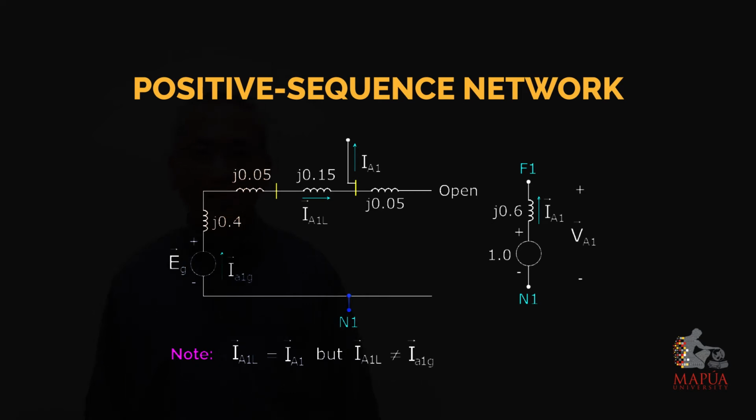You have the generator value 1 per unit. J0.6 is the sum of all the impedances in that positive sequence network. And you have the voltage Va1 measured between the neutral point and the faulted point F1. Note that in that positive sequence network, Ia1 in the transmission line is not equal to the generator current Ia1 flowing to that generator, but it will be equal to the current flowing to the faulted point F1.